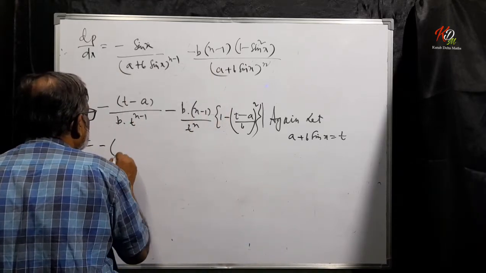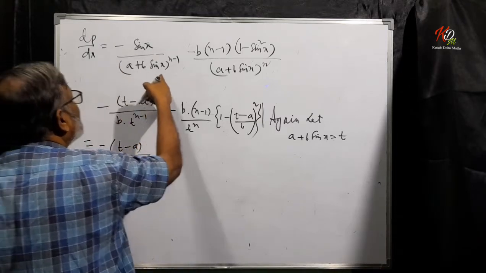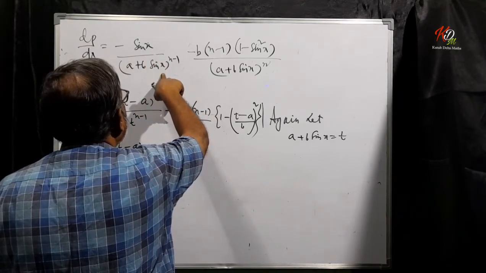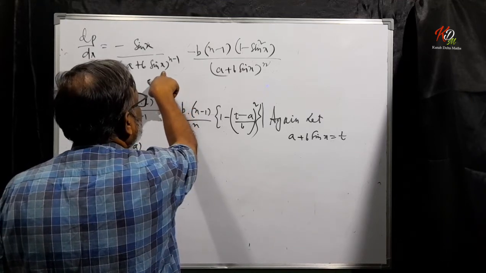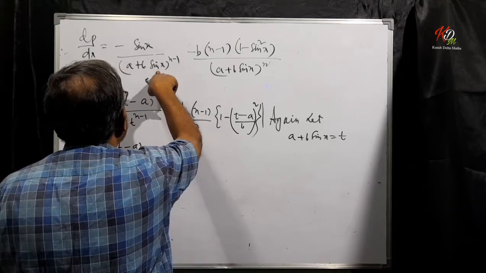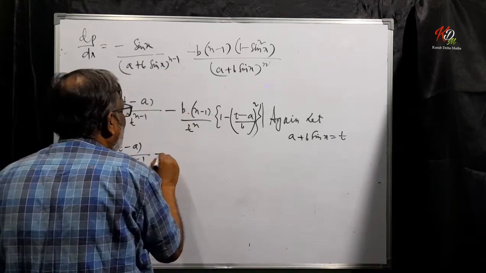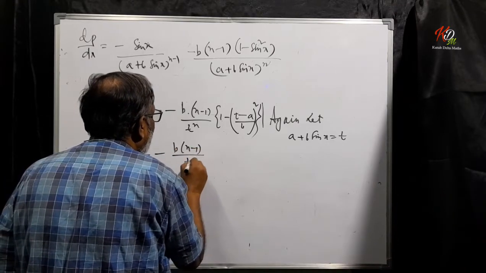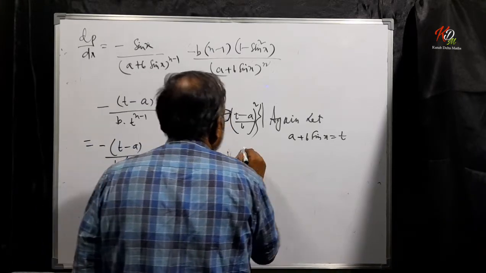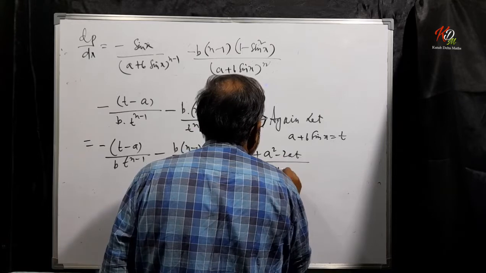So t minus a by b t to the power n minus 1, minus sin x times a plus b sin x, for cos x minus sin x a plus b cos x, into cos x b cos square x, minus b n minus 1 by t to the power n, 1 minus t square plus a square minus 2at by b square.